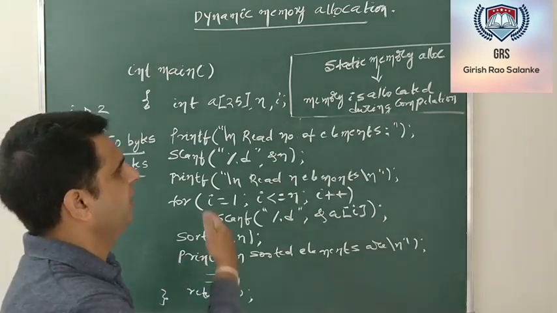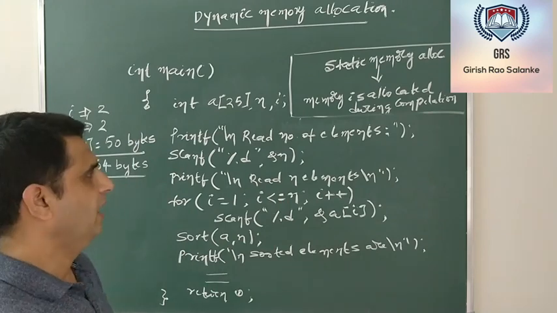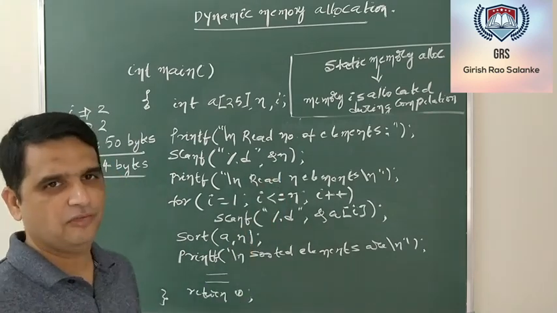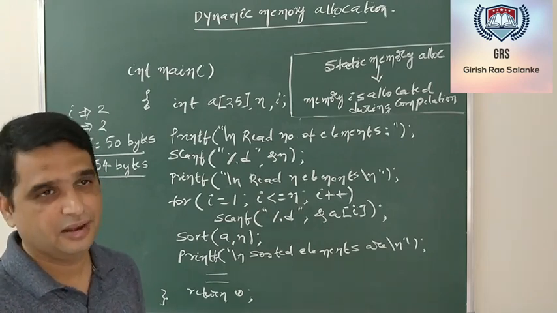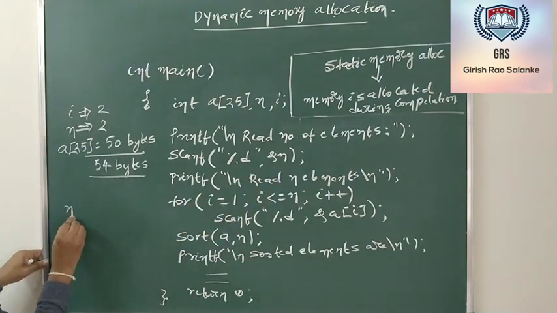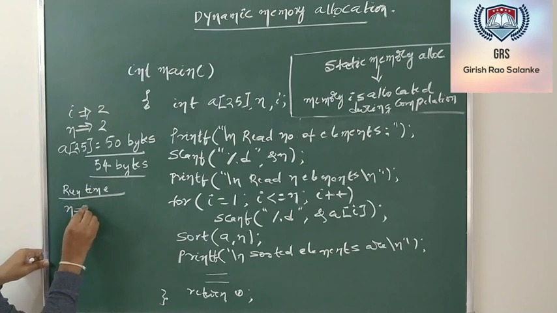Now, when I run this program, assume that the value of n that I have read is 10. During runtime, n takes 2 bytes.